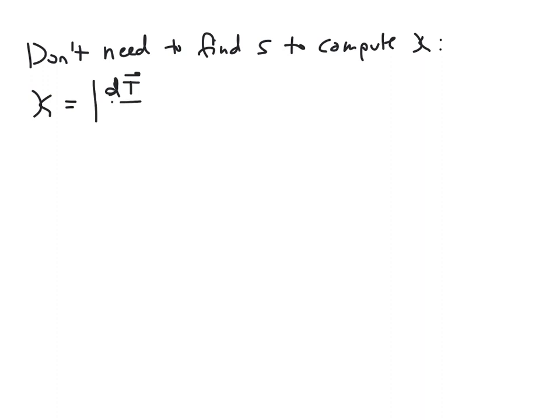That's our definition of curvature. And like we've seen in at least one other instance, we can use the chain rule to think of this as dT dt, with t our given parameter, multiplied by dt ds. This is just the chain rule of differentiation.